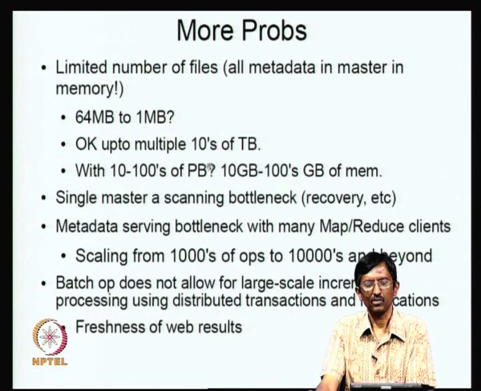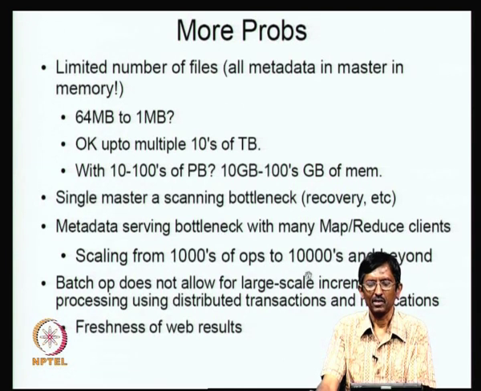If you have a single master, you don't have parallelism, because if it is doing some scanning, recovery, etc., this single master turns out to be a problem. Same thing when you have multiple MapReduce clients: you will find that metadata serving also becomes a problem.